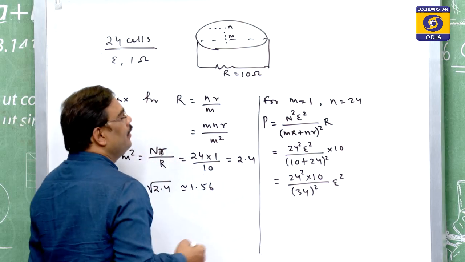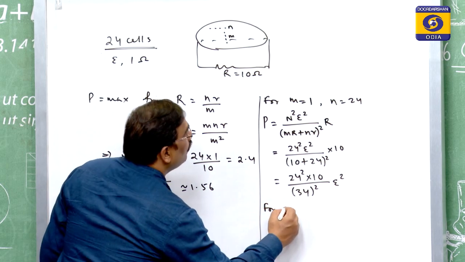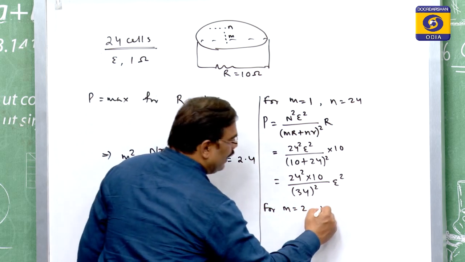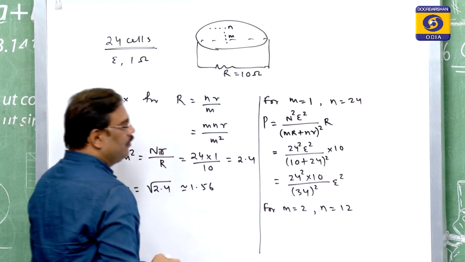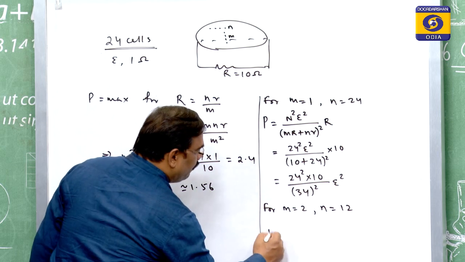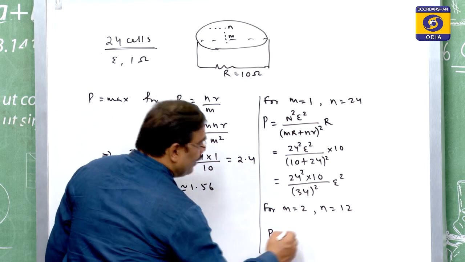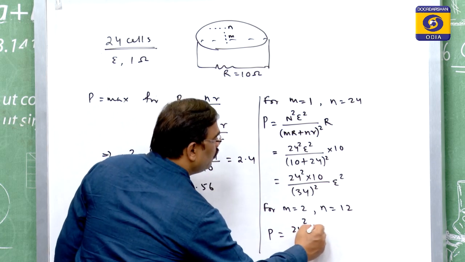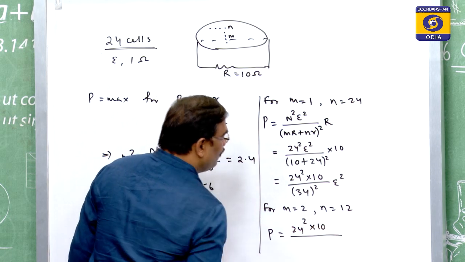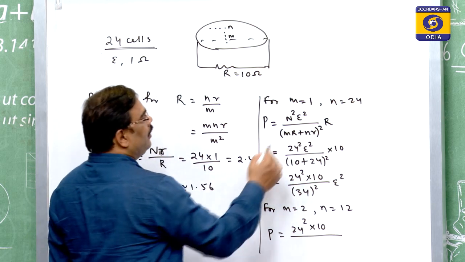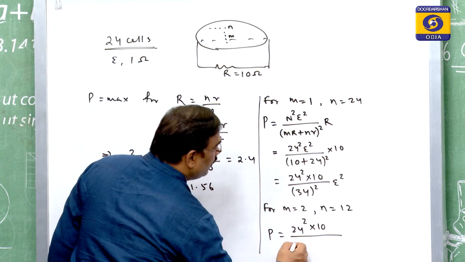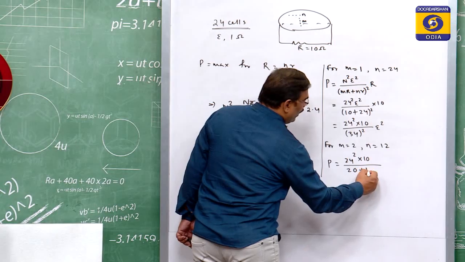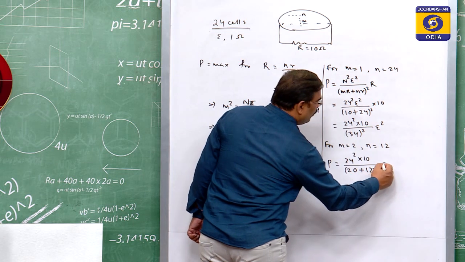Similarly, if we calculate for m equal to 2, then n equal to 12. So, we will get P equal to, the numerator will be exactly the same, 24 square into 10, but the denominator will be 20 plus 12 square, E square.